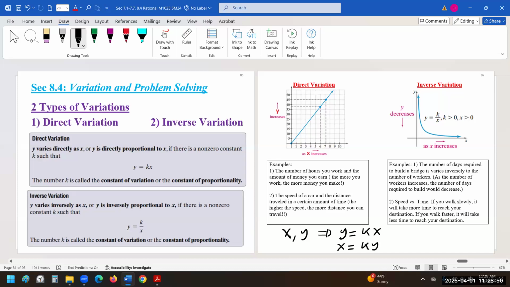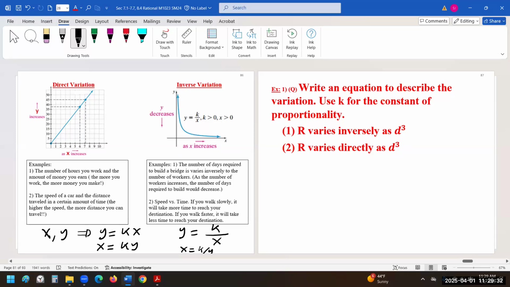So if X and Y are inversely related, we say Y is changing by a factor of K inversely with X. Or the other way around, X is changing inversely with Y. So inverse is a fraction, direct is direct. These are the only two types we have, if two variables or two things are related somehow.